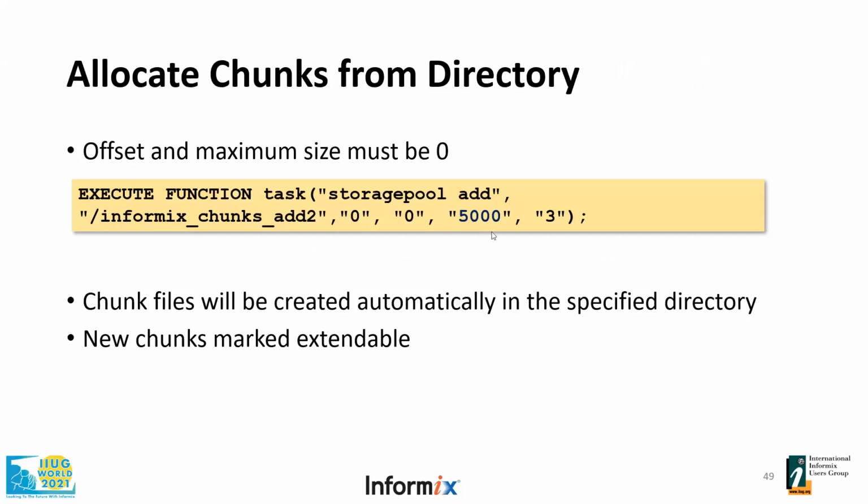These two values are 0, and then you still specify the size or the minimum size of any chunk to create from this. Now what happens if you go ahead and say, okay, create an entry from the storage pool, and this is the only one left, Informix will automatically create a file in this named directory and allocate it to your DB space as a new chunk.